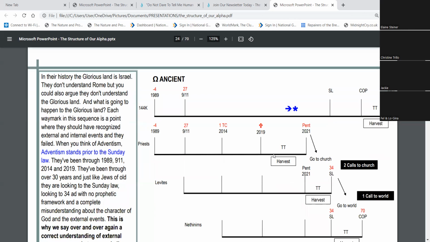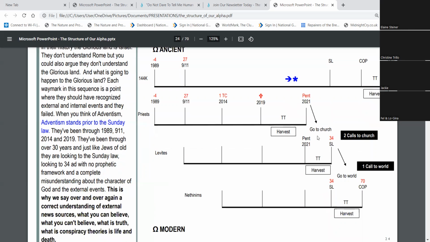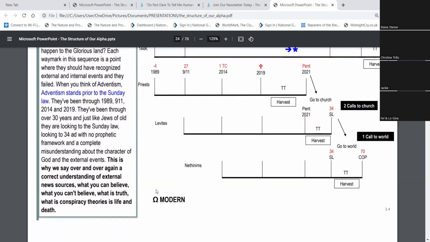And just like the Jews of old, they're looking for the Sunday law, looking to the 34 AD with no prophetic framework and a complete misunderstanding about the character of God in external events. This is why we say over and over again, a correct understanding of external news sources, what we can believe, what we can't believe, what is truth, what is conspiracy theories, is life and death.